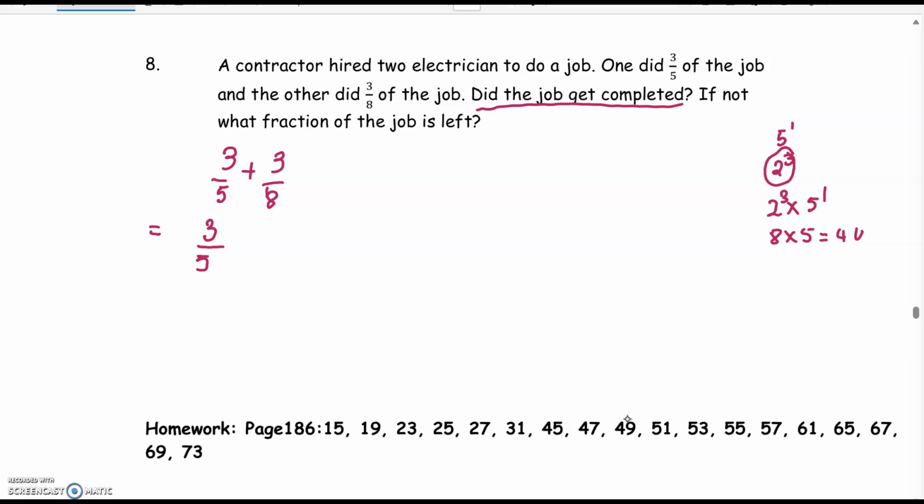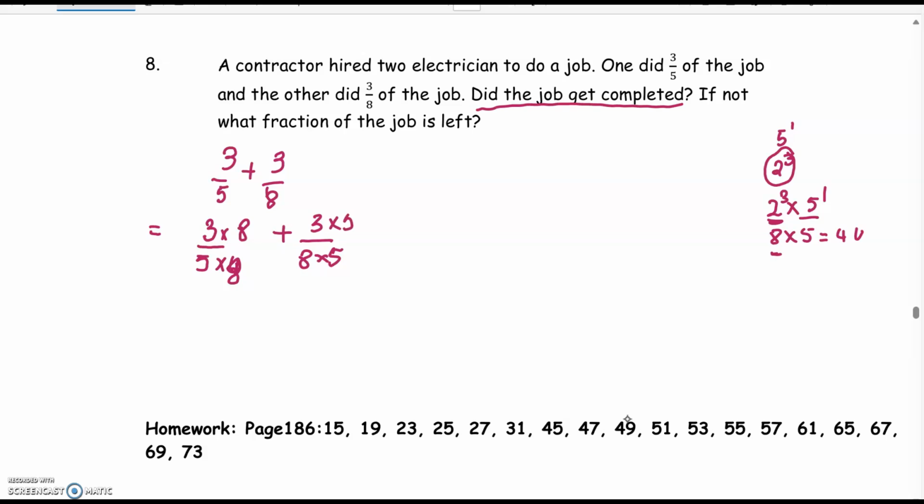We want to make the denominator 40 because we want a common denominator. So 5 times 8 is 40. Notice 2 cubed times 5, so 8. Multiply the numerator with an 8 plus 8 5s are 40.